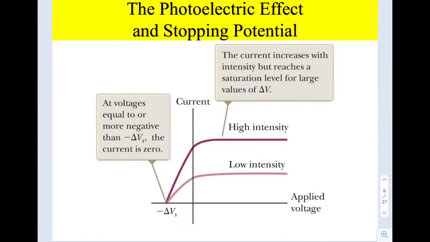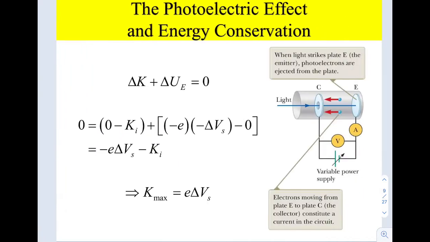We call it saturation current. Whenever current is equivalent to 0, that delta V is equivalent to negative delta Vs. This is known as stopping potential.